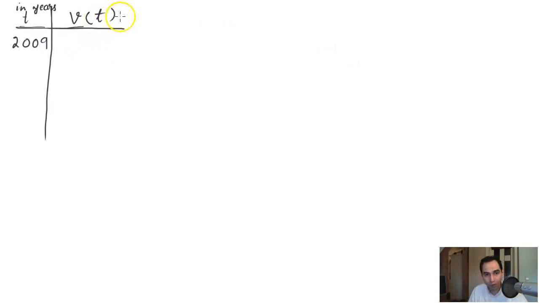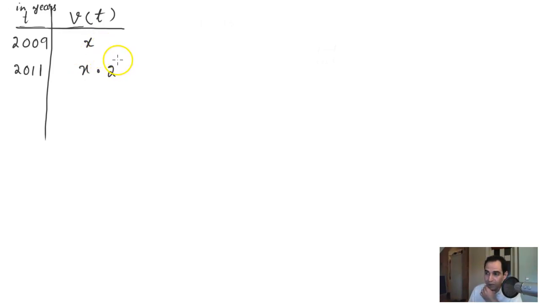I don't know what the population was, so I'll just call it X. In 2011, 2 years after that, the population was doubled. So it's basically X times 2, the population that I had in 2009, and that has been doubled.